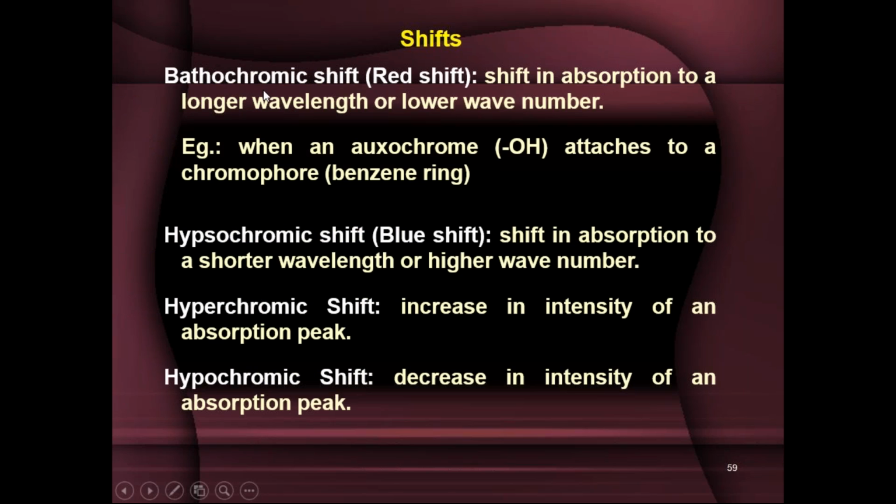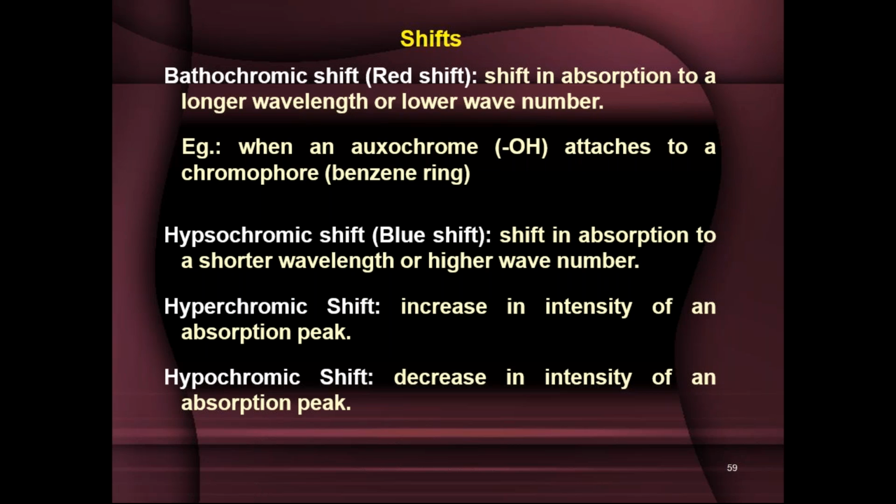And they were bathochromic shift, also known as the red shift, which is a shift in absorption to a longer wavelength or lower wave number or lesser energy. So this is a shift in the absorption peak. We have also seen what an absorption spectrum is.